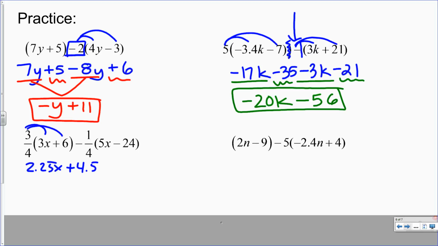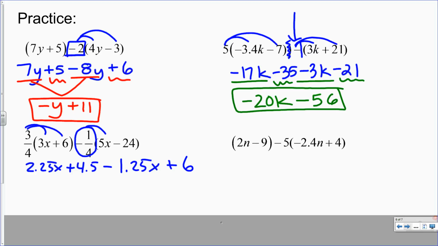Now I've got to distribute on my next one, and I'm distributing a negative 1/4. So negative 1/4, first multiply it by your 5, and you get negative 1.25x. And then you need to multiply negative 1/4 times a negative 24, and a negative times a negative is a positive, and that comes out to be 6.